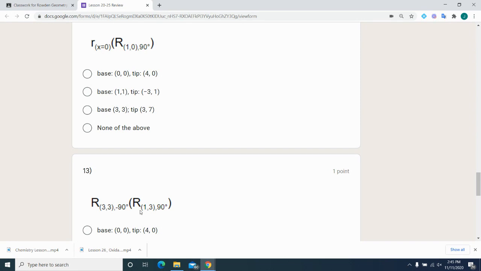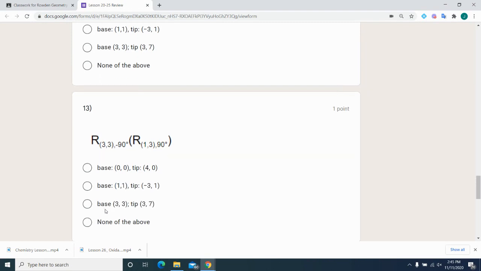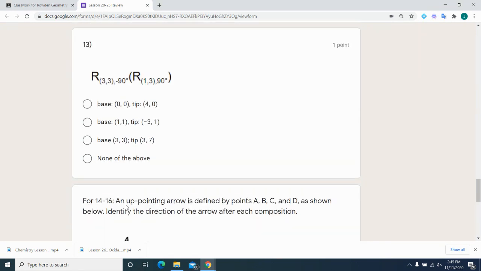And then you'll rotate -90 around 3, 3. Okay, so now you rotate clockwise, so it's going to be pointing up. So I was wrong when I said it points down. So the new base should be at 3, 3, and the new tip should be at 3, 7. So that's what we'd end up getting.